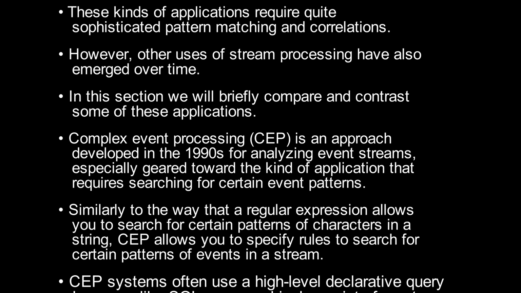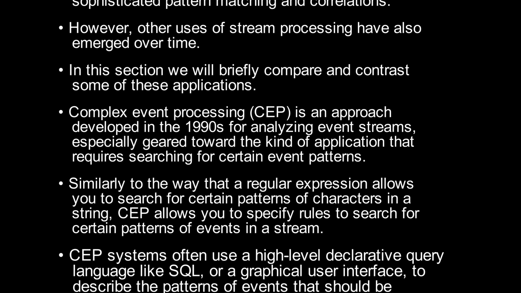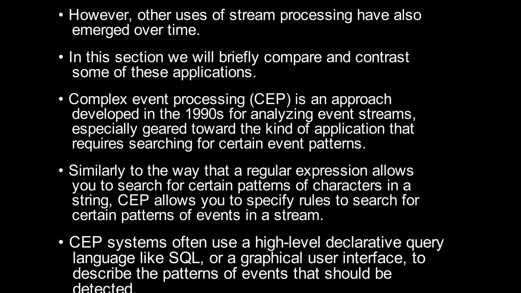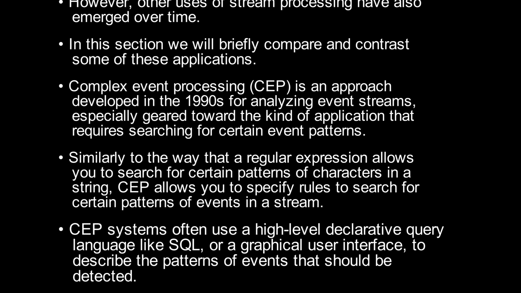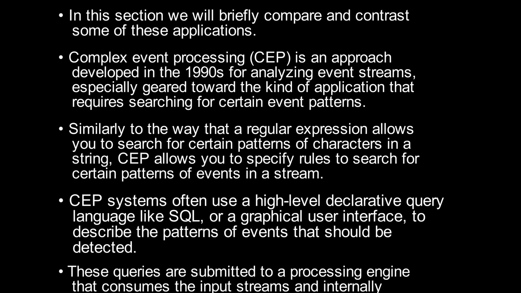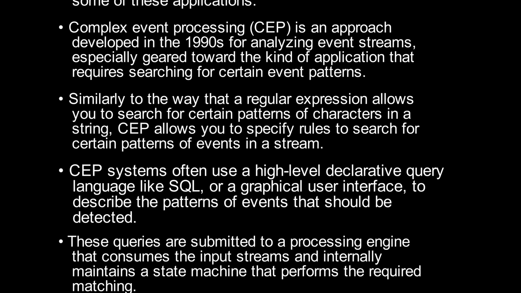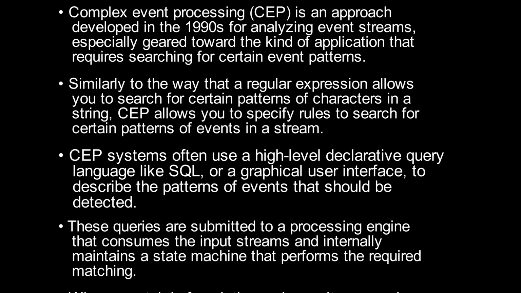Similarly to the way that a regular expression allows you to search for certain patterns of characters in a string, CEP allows you to specify rules to search for certain patterns of events in a stream. CEP systems often use a high-level declarative query language like SQL, or a graphical user interface, to describe the patterns of events that should be detected.